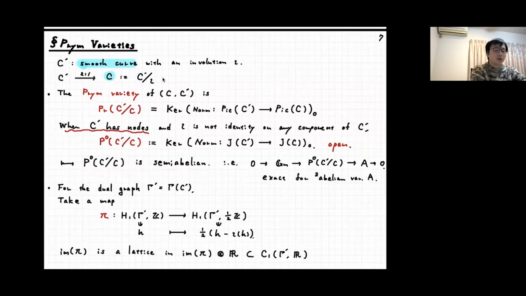It can be expressed as an extension of a certain abelian variety A, which comes from the kernel of the H1 of the dual graph of the original curve, by a certain torus G_m. So P naught is appropriate, but it is open. So the question is whether there is a good compactification of this generalized open Prym variety. And this is a work done in the paper ABH.